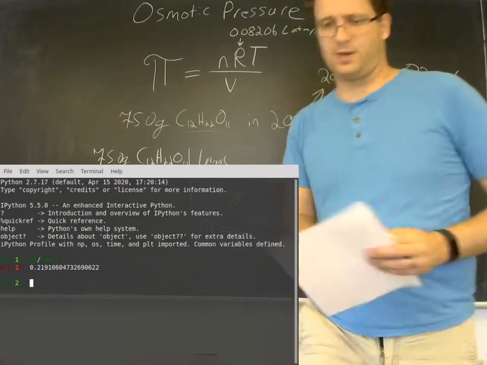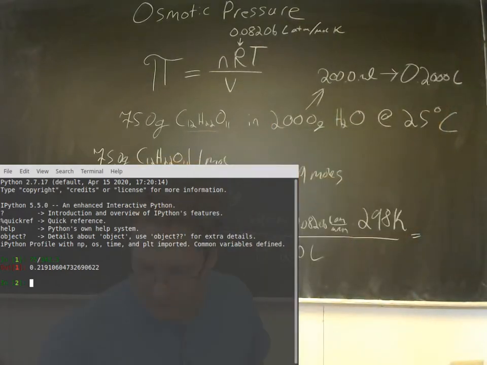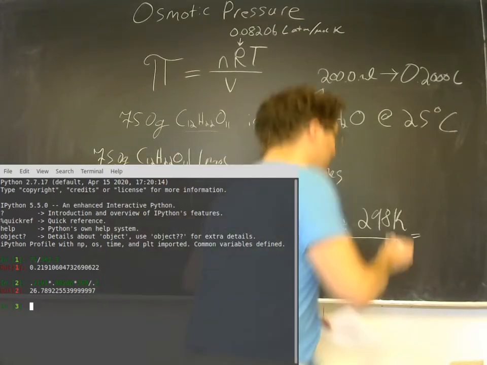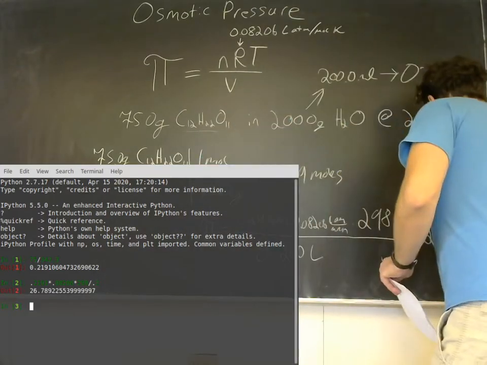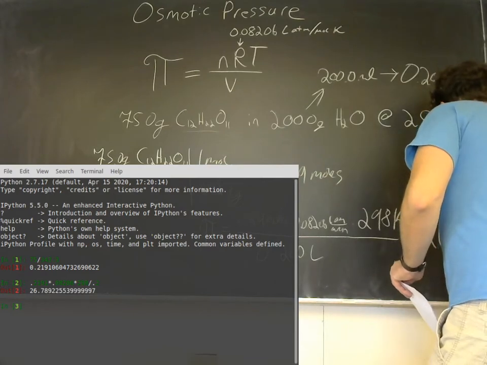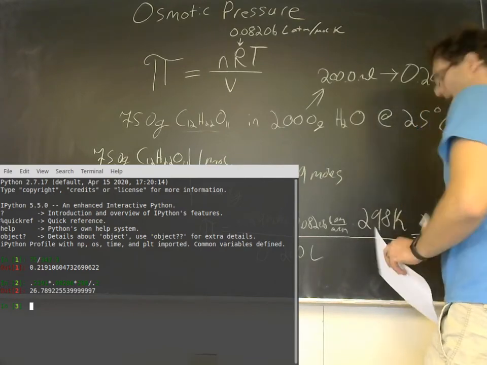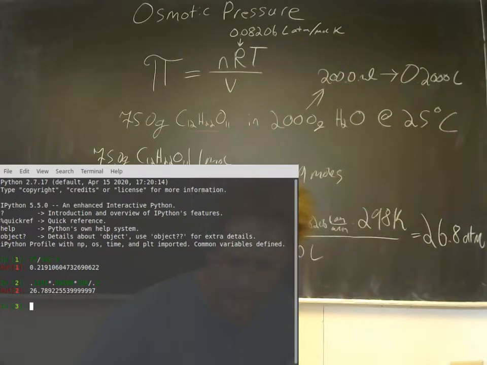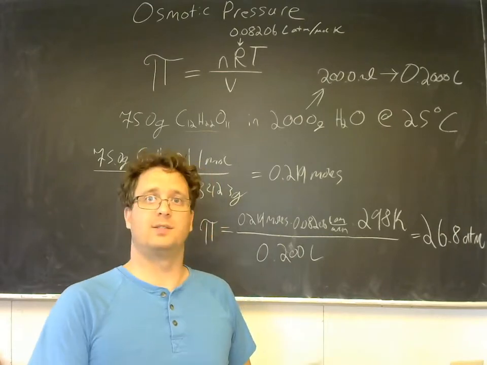So what is the pressure going to be? 0.2191 times 0.08206 times 298 divided by 0.2. And you see it's 26.8 atmospheres. 26.8 atmospheres is our final answer here, which is a really high pressure.